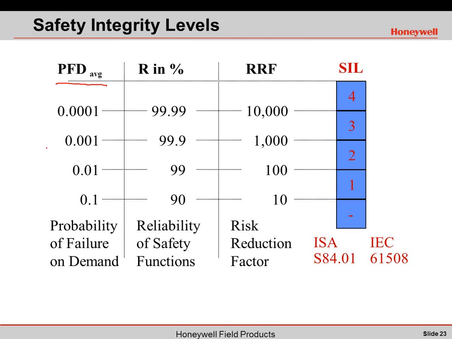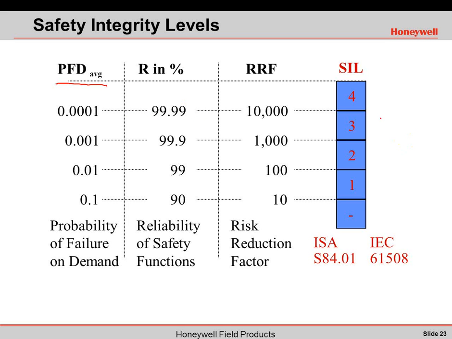So in this case, we say that our probability of failure here is 10%, here it's 1%, here it's 0.1%, and here it's 0.01%. So a SIL-4 system would be rated greater than 99.99% reliable.